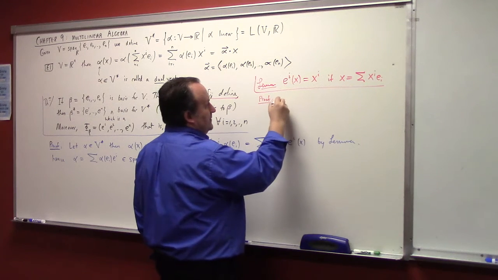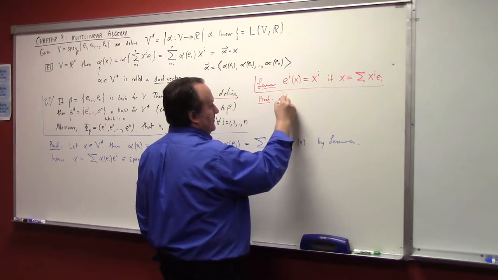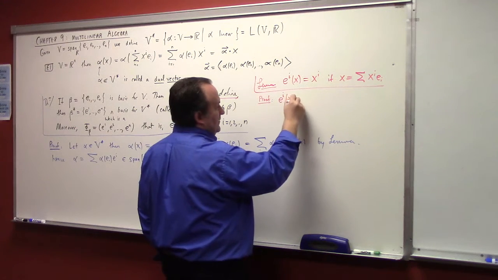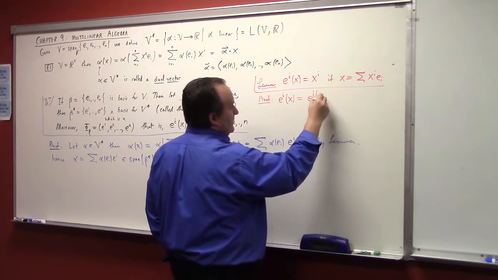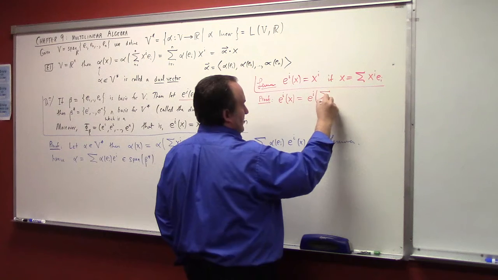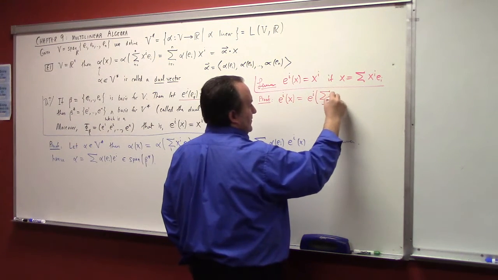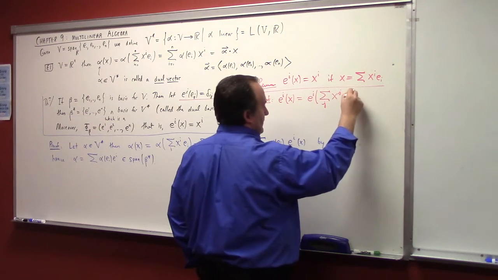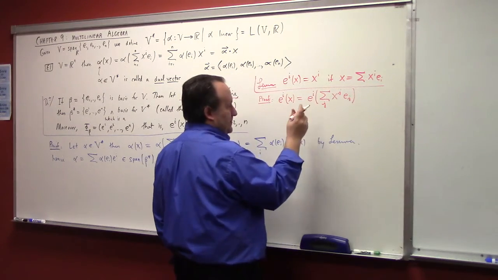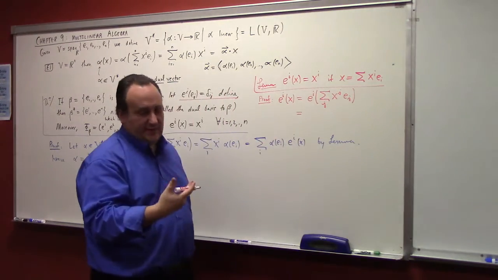is this: e^i of x is equal to e^i of the sum, I better use a different letter this time, over j of x upper j, e lower j, but by linearity, the constructed linearity of the dual basis.